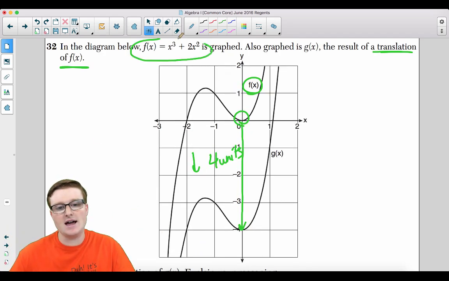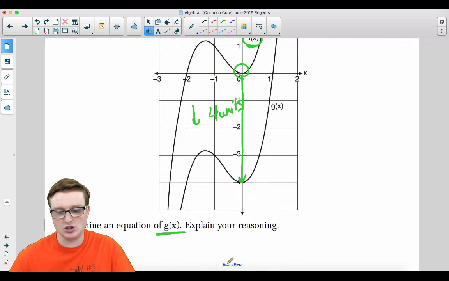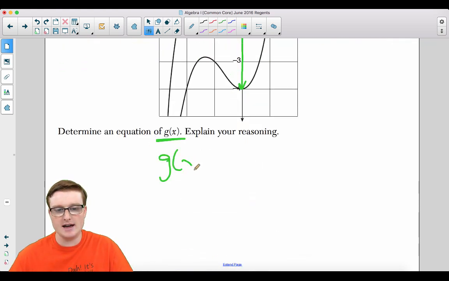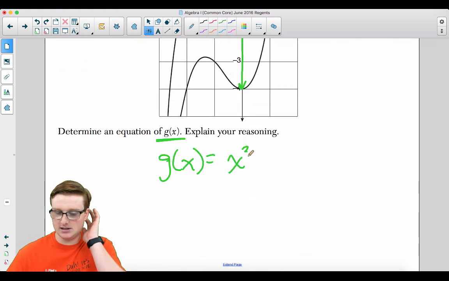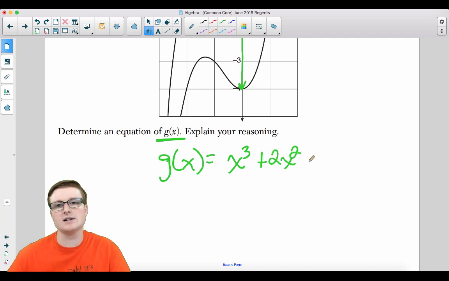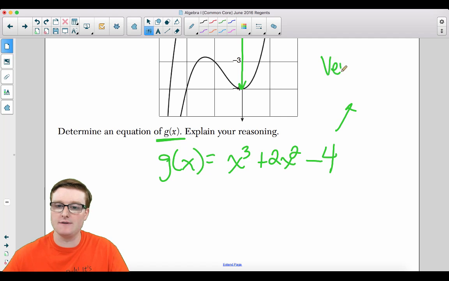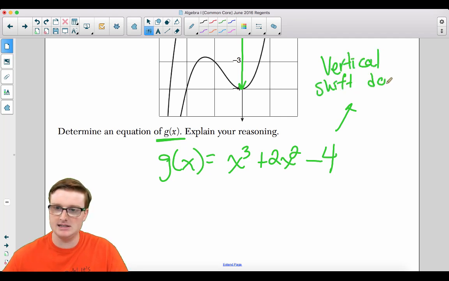Well, if f of x is x to the third plus 2x squared, g of x is just going to equal x to the third plus 2x squared minus 4, because this shows the vertical shift down by 4 units.